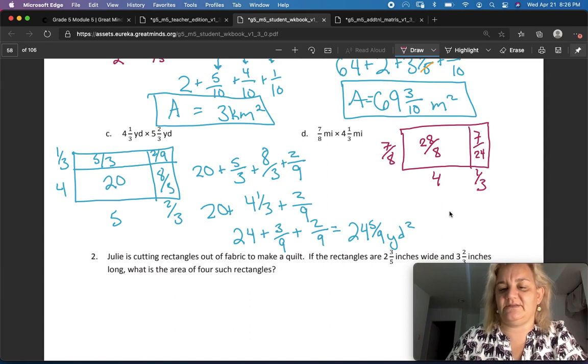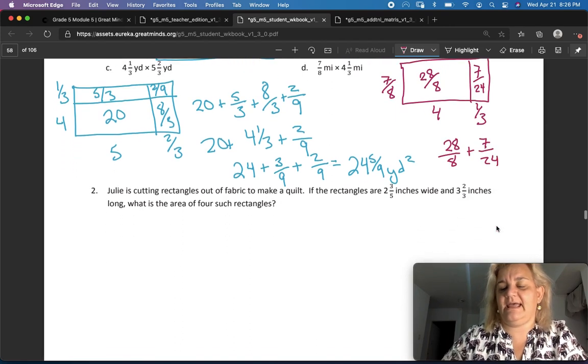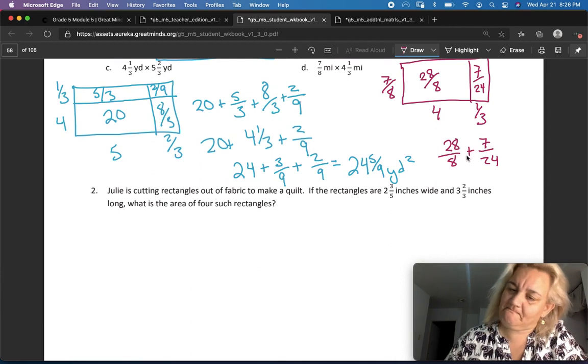Now I just need to add those together. 28/8 plus 7/24. 8 goes into 28 3 times with 4/8 left over.